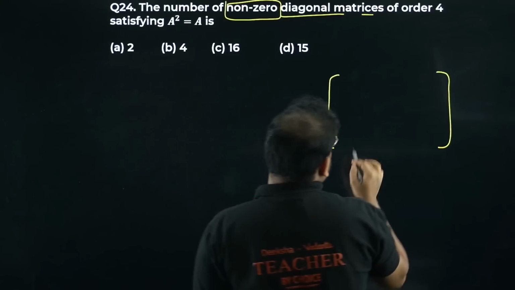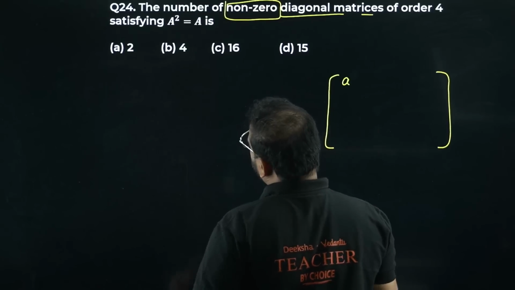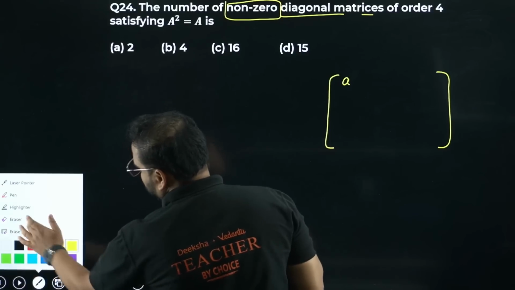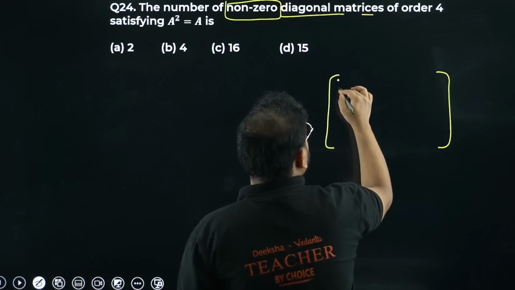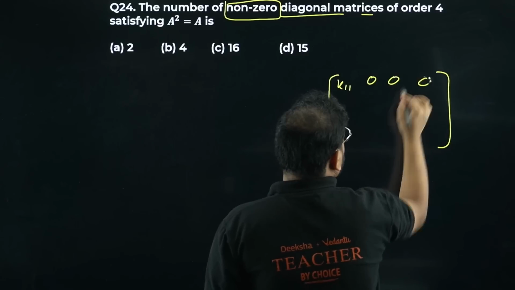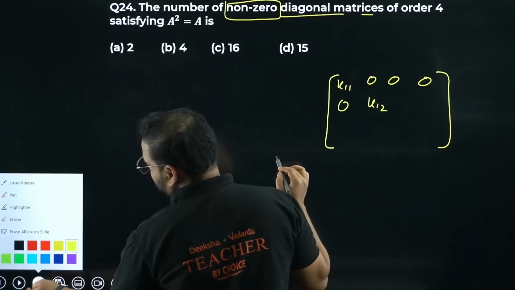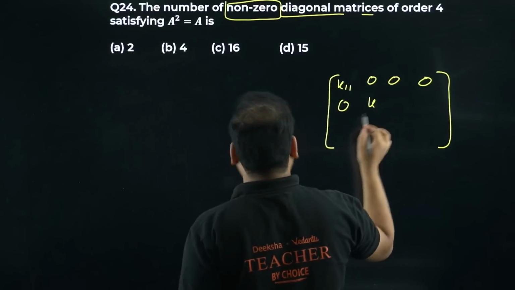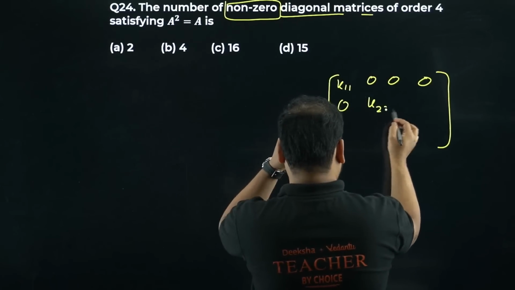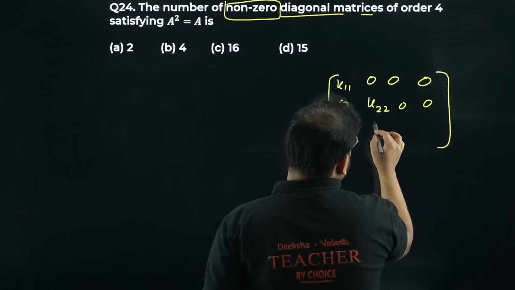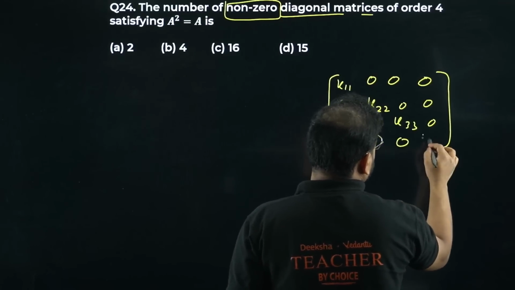Okay, so let's say I write this in terms of K, a scalar constant. A is diagonal with entries K11, K22, K33, K44 on the diagonal and 0 elsewhere.